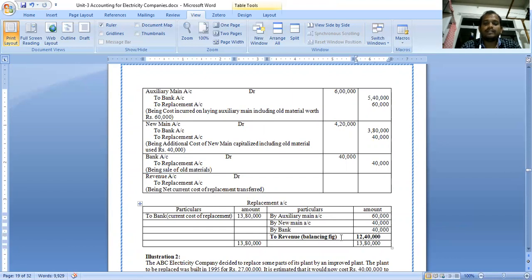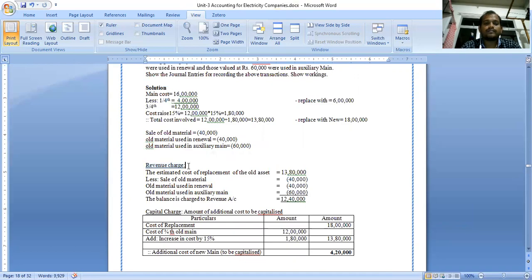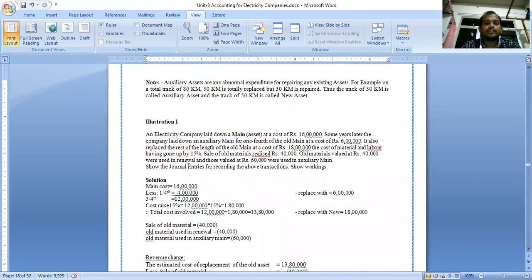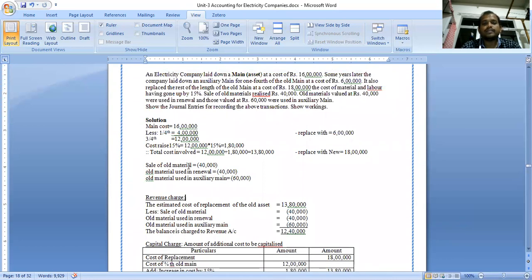The balancing figure we have to transfer to the revenue account. It is nothing but the revenue charge, which we already calculated here. Okay, so this is how we have to calculate the replacement of an asset.